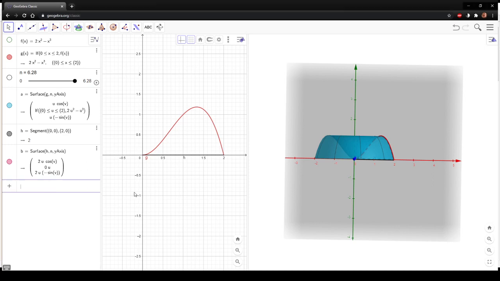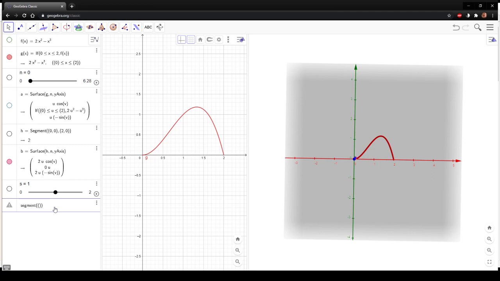So, let's take vertical slices of this guy and rotate those around and see what sort of shape we end up getting. If we're taking vertical slices, then we are looking at values of x. Values of x range between 0 and 2.